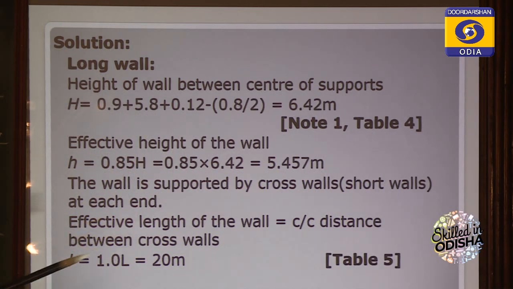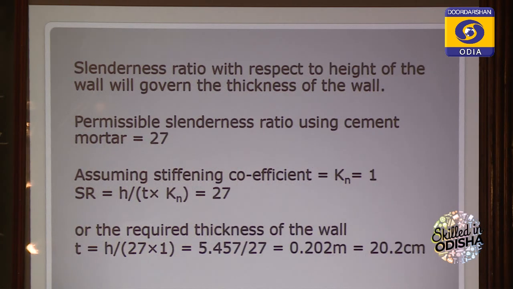So you can see here the effective length is calculated as 20 meter. So now for slenderness ratio, the slenderness ratio with respect to height of the wall will govern the thickness, and the permissible slenderness ratio using cement mortar.